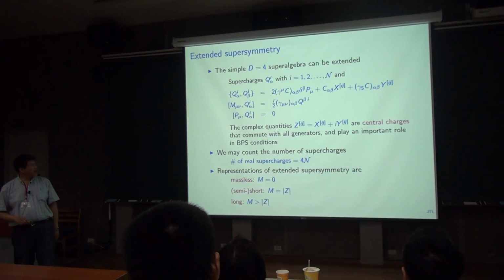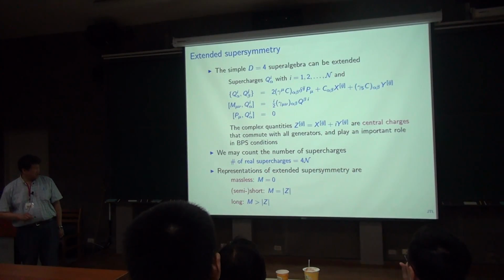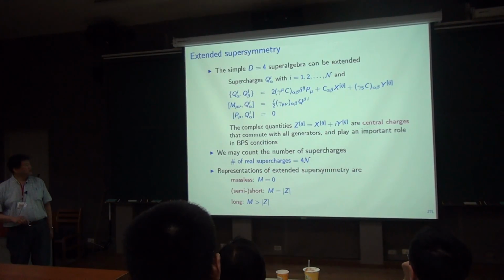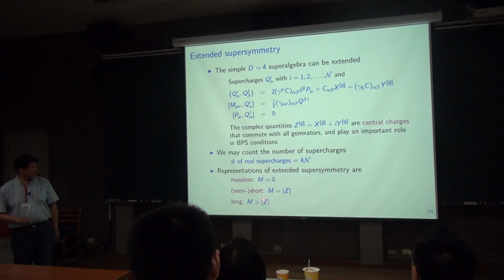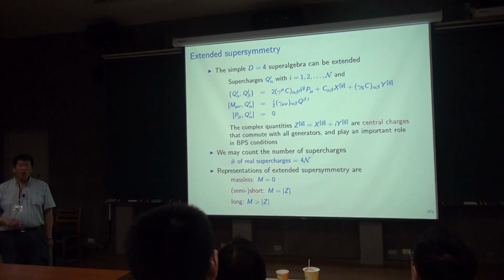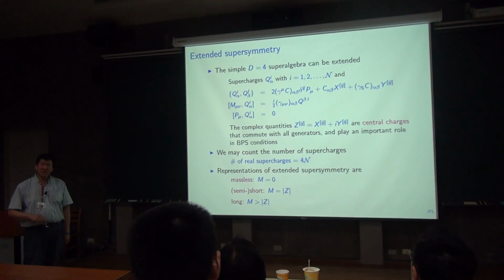Typically I get massless representations, where the central charge is 0. I can have long representations, where mass is bigger than the central charge. Or I can have short representations, or semi-short, semi-long, things like that, where mass is equal to central charge.